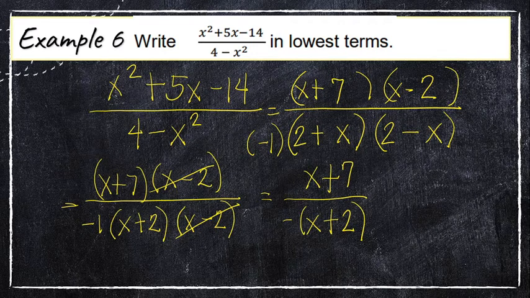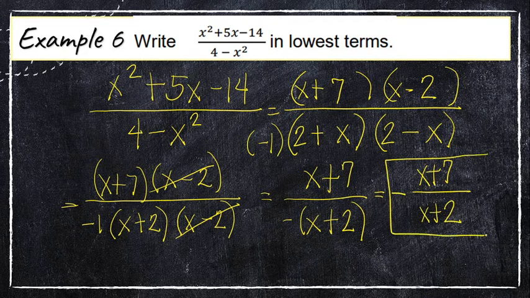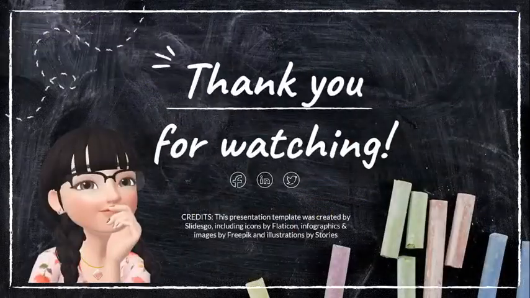Again, no negative sign in the denominator. So we're going to write this as negative x plus 7 over x plus 2. And that is the simplest form or the lowest term of x squared plus 5x minus 14 over 4 minus x squared. And that's it.